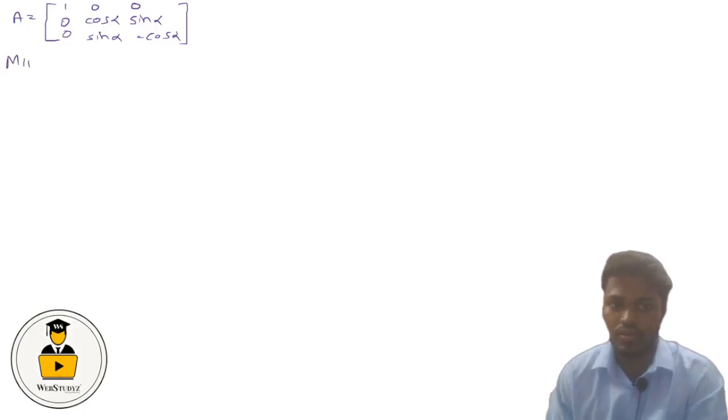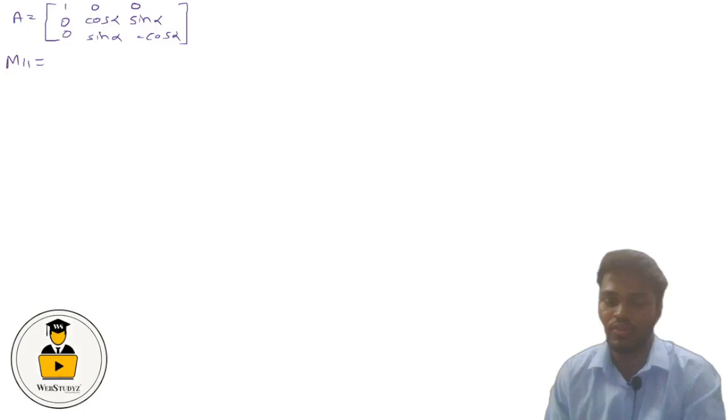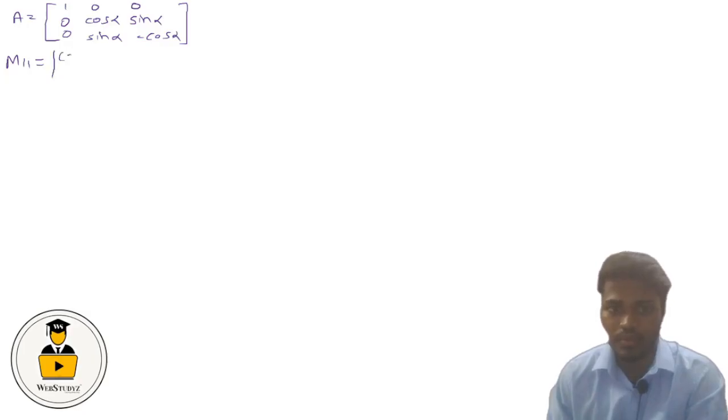In order to calculate the minor, we need to hide the corresponding row and column and calculate the determinant of the remaining elements. For M11, we will hide the first row and first column. What we get is cos alpha, sin alpha, sin alpha, minus cos alpha.